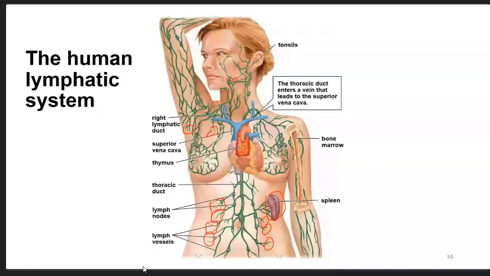And then you have the lymph vessels, lymph capillaries, and then you have kat sini the right lymphatic duct. Okay, right lymphatic duct, and then kat sini kita ada the thoracic duct. So apa fungsi right lymphatic duct and also the thoracic duct is to return fluid from the lymph back into your blood circulation.